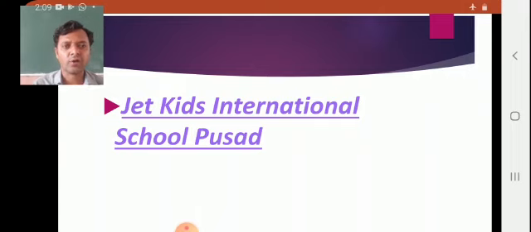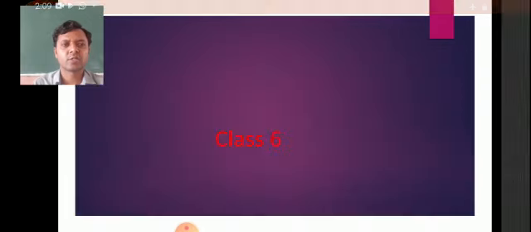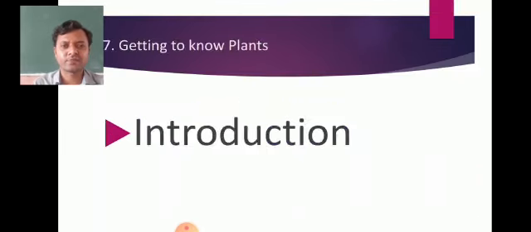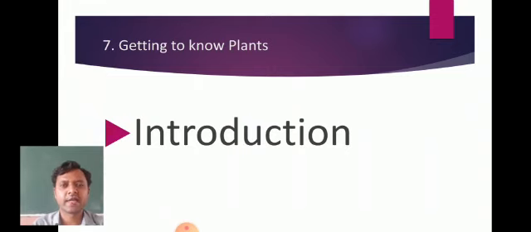Okay, so moving on, let us discuss today's topic, class 6th subject science, lesson number 7, that is getting to know the plants. We all know the plants. Plants surround us, we can see them near our home and surroundings with different kinds of structure.